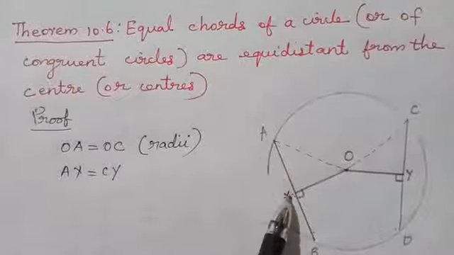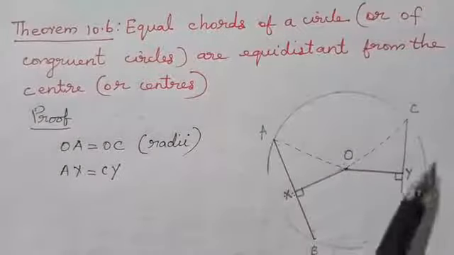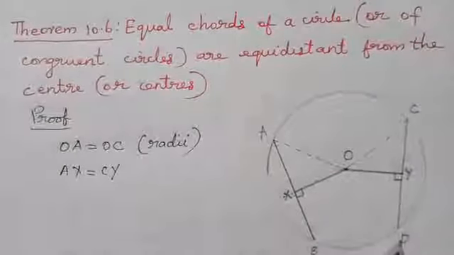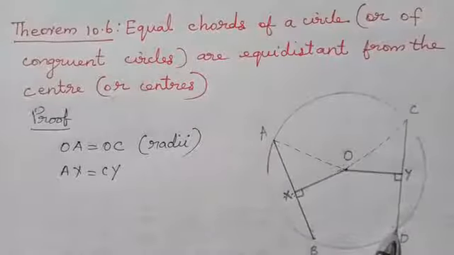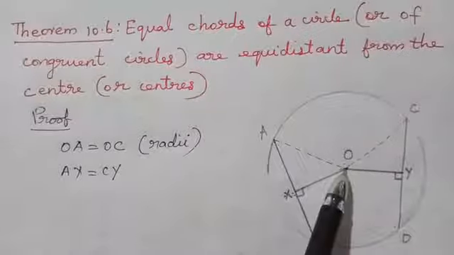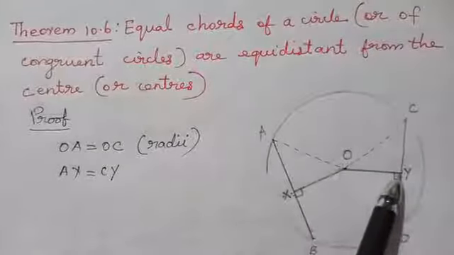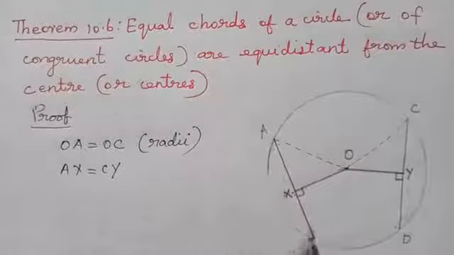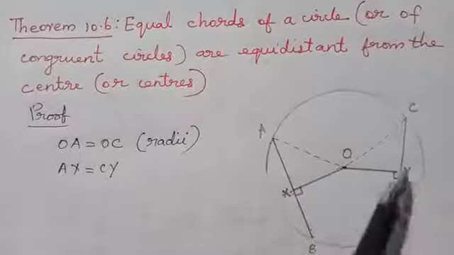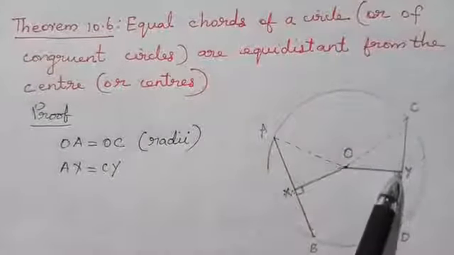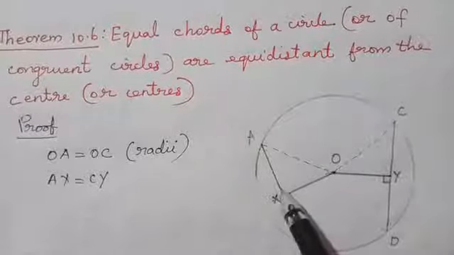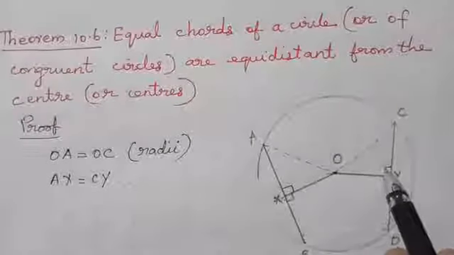That means AX equals XB and CY equals YD, and both AB and CD are equal chords. So OX and OY bisect these chords. Therefore AX equals CY.